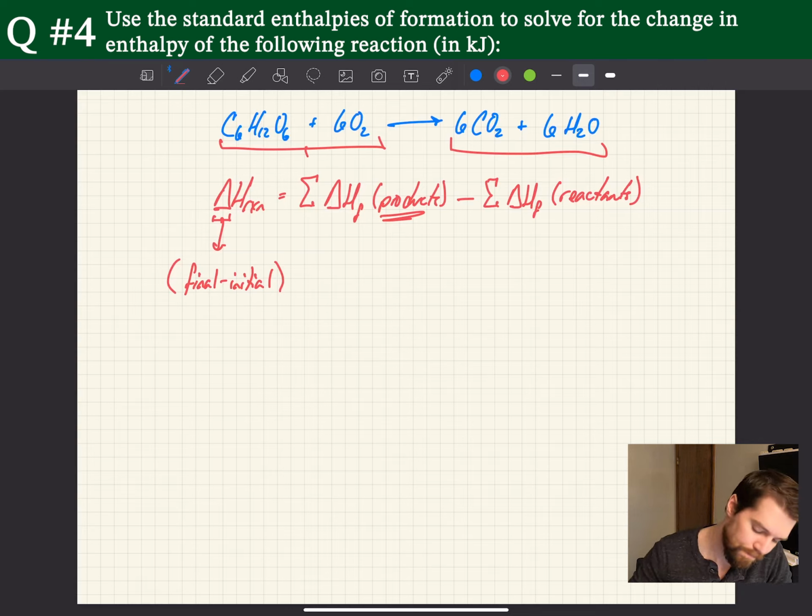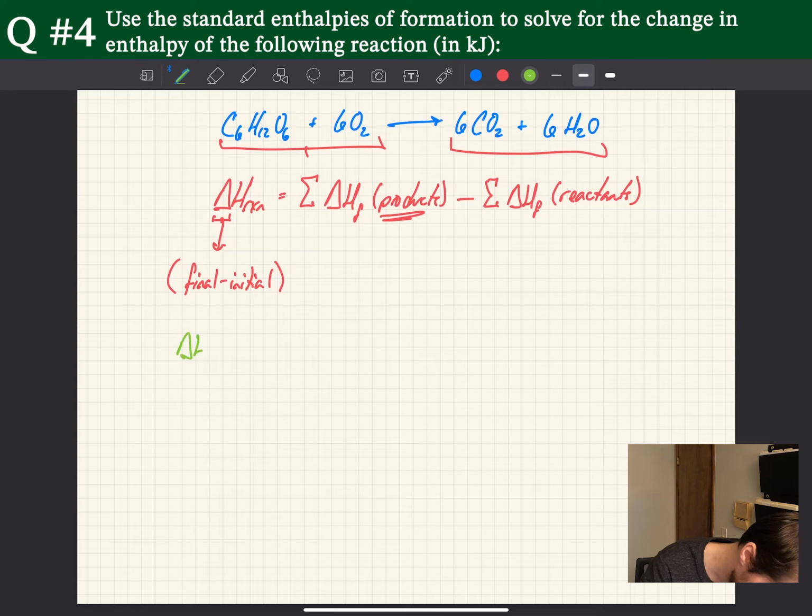Again, this is intuitive. It makes sense, right? Now here we're given values for the enthalpies of formation. I'll set up my problem, then plug them in and solve. So now we have the products minus reactants.